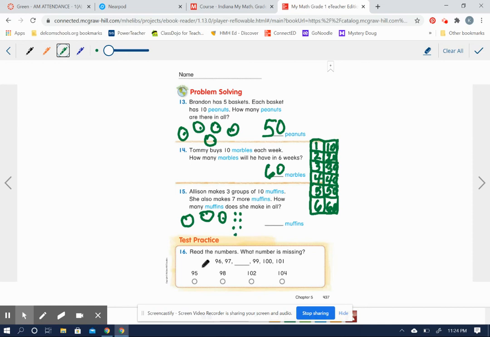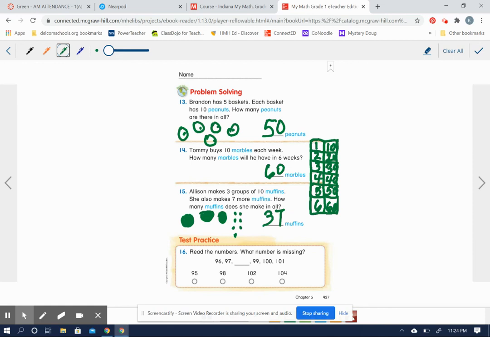So, how many muffins does she make in all? Okay, this is a group of 10. 10, 20, 30, and now count on by ones, 31, 32, 33, 34, 35, 36, 37 muffins in all.